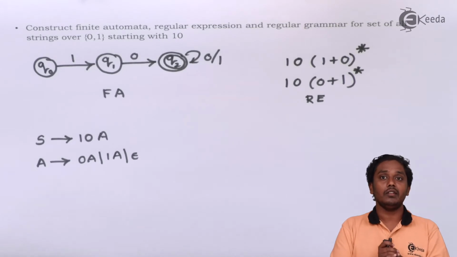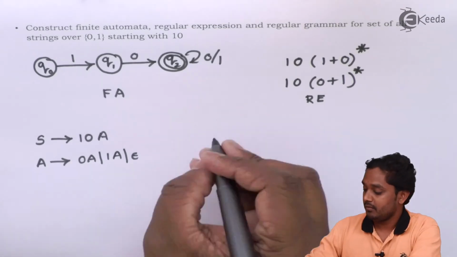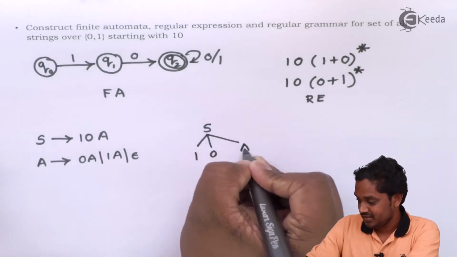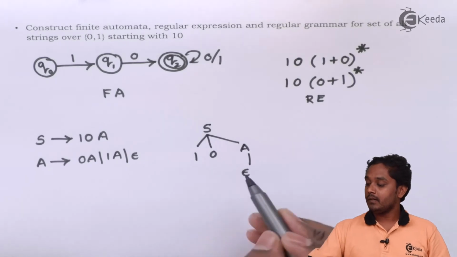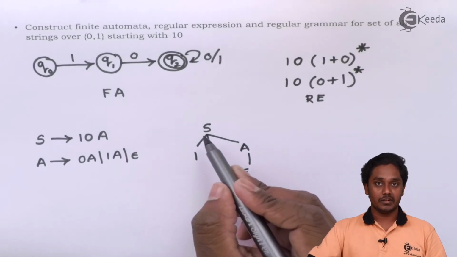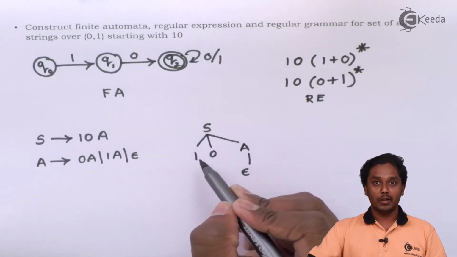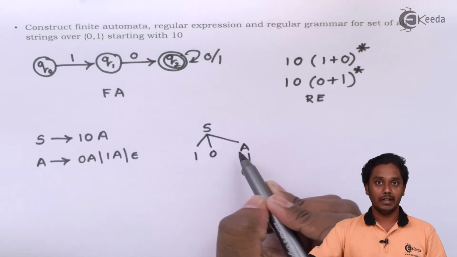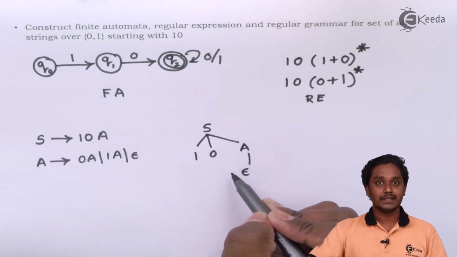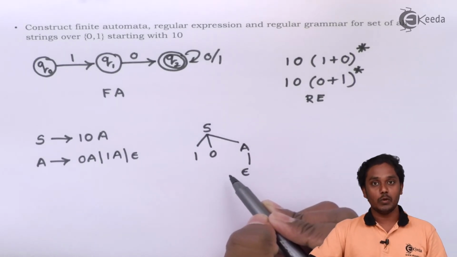Let us try to analyze and draw the parse tree for the given string. Now, let us try to find out the parse tree for the string accepted by this language. S is the start symbol. It is having 1 0 at the first production. After 1 0, we will have the non-terminal A, which may produce at least epsilon, and hence the minimal string produced by this language is 1 0.